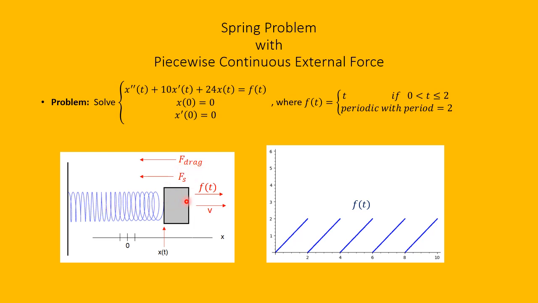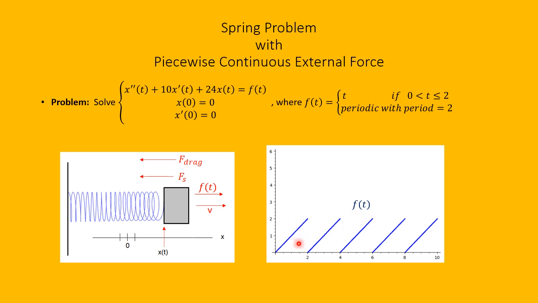This mass and spring might be going through a fluid, and that would involve then some drag. We'll let v be the velocity of this mass. V depends on time t. We'll let f of t be a periodic force function, external force function applied to this mass.